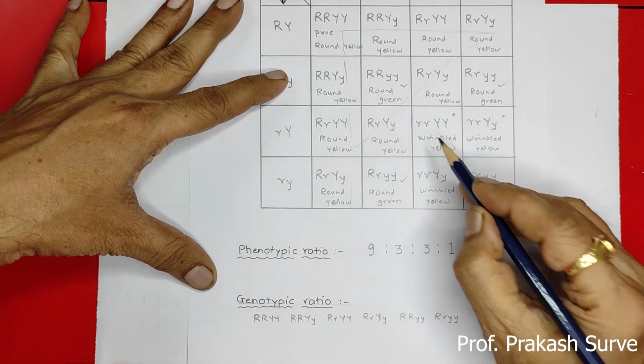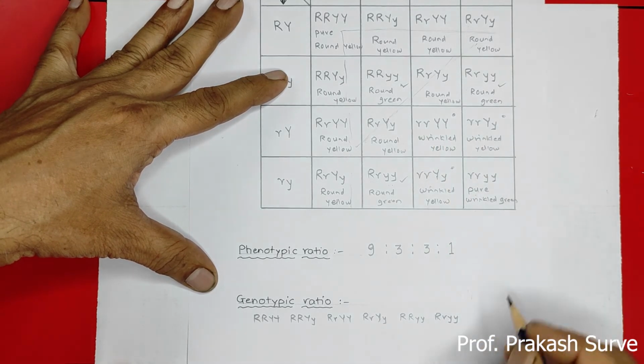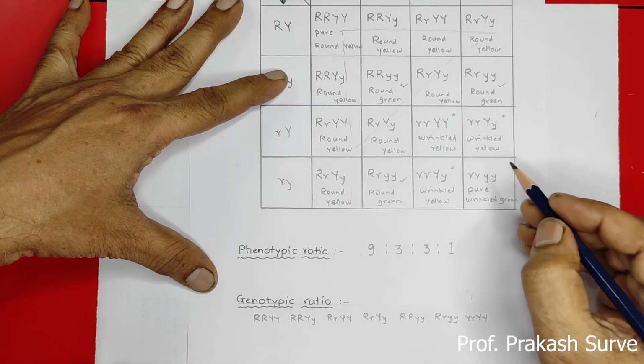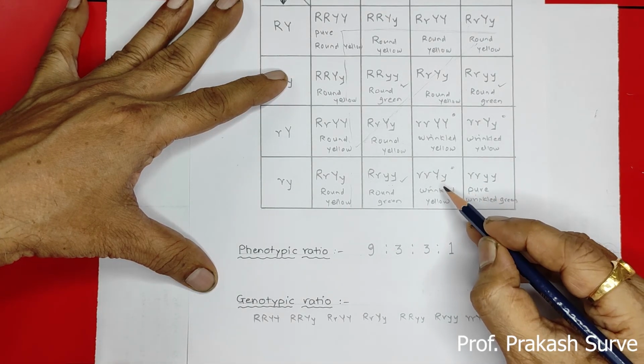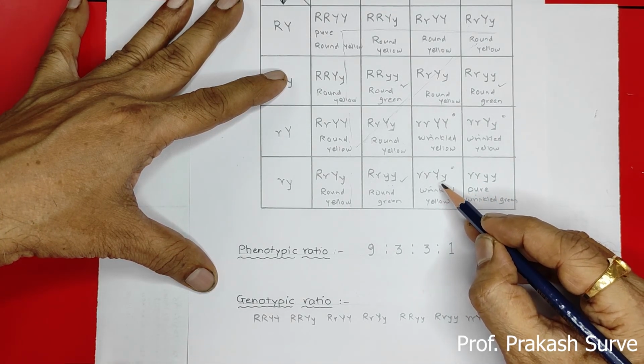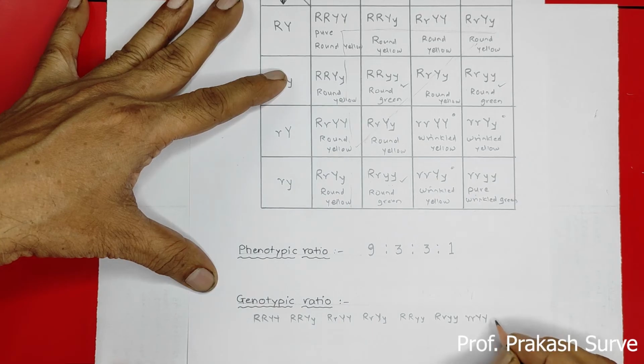Next is small r, capital Y, capital Y. Okay. And next one we get small r, capital Y, small y. And last one is small r, small y, small y.